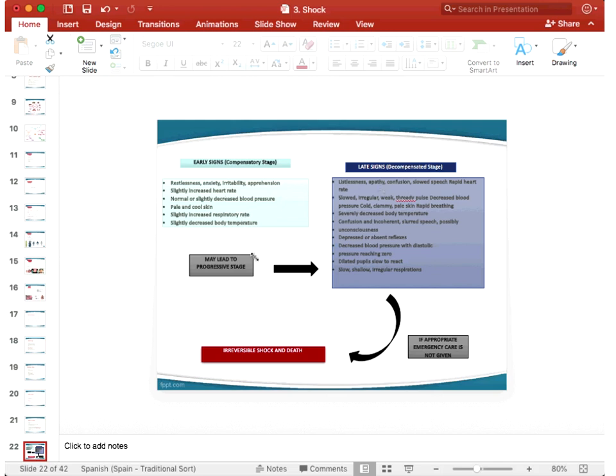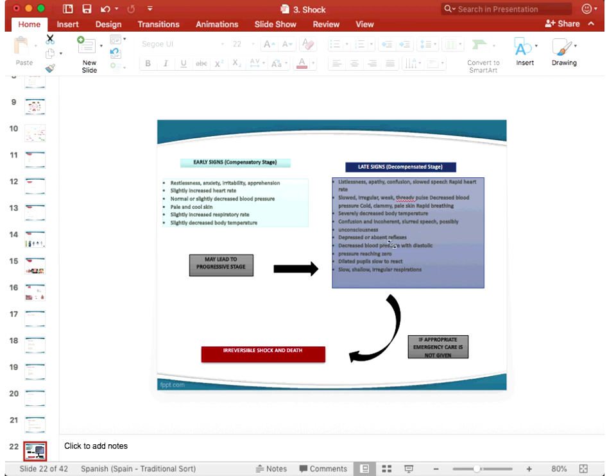So we have the late signs. That's when we see patients in the emergency department with late signs, decompensated. The patient is confused. His body temperature is way too low or way too high, depending on the kind of trauma or the kind of shock that the patient has.